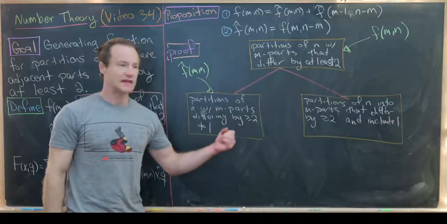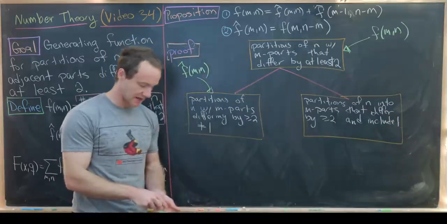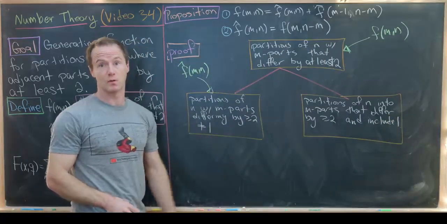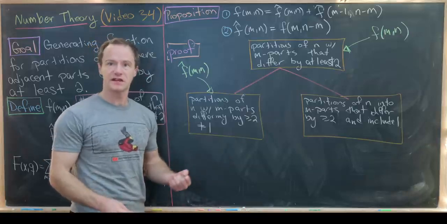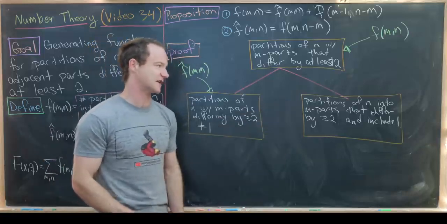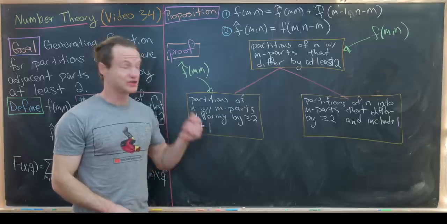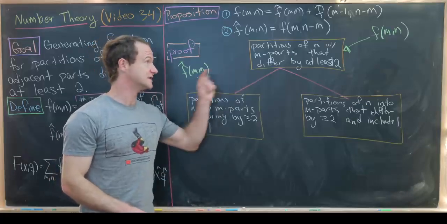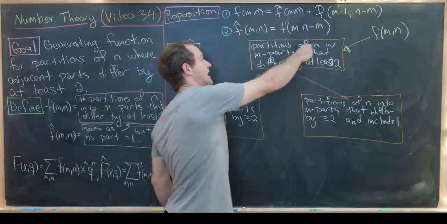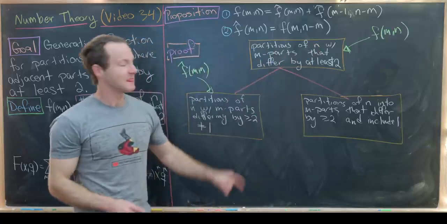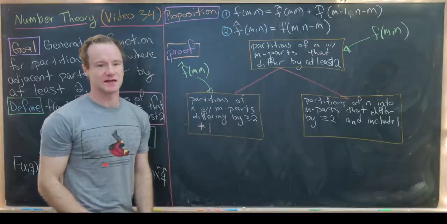So that means each partition in this box has the number 1 as the first part. Notice it can only be the first part if it satisfies this rule. So I would suggest a nice doable exercise would be to pick a value of n and m and fill all of these boxes in.